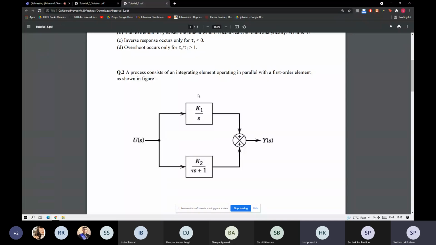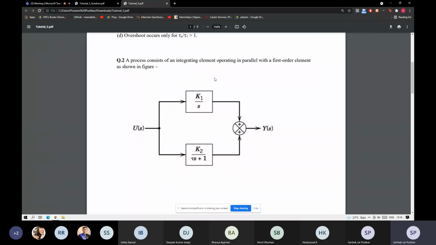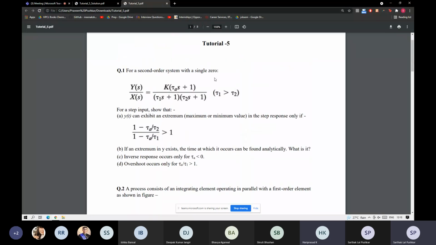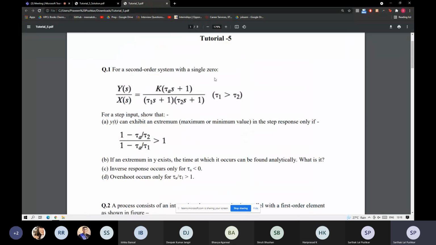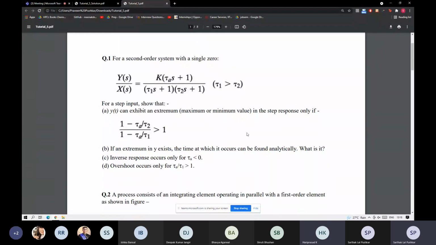Here you have been asked to figure out how those conditions exist, so please apply those specific conditions. I think that's all about the problem. If you have any questions, please let us know. Otherwise, let's go to the next question.